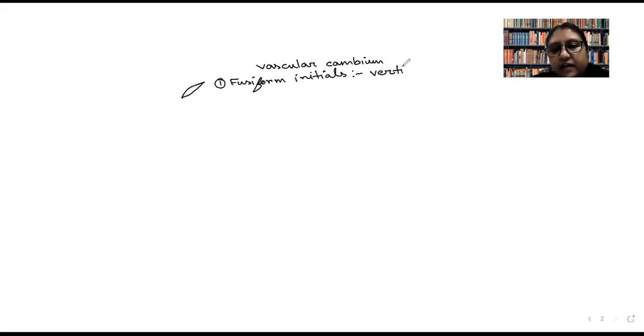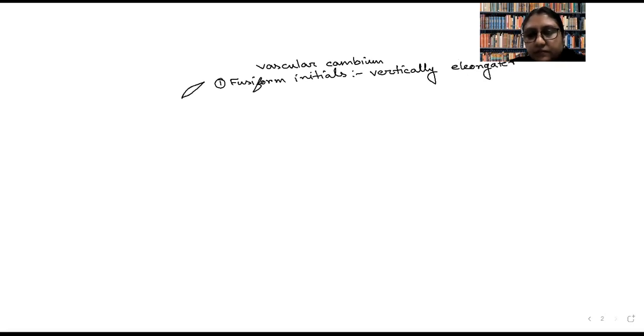They are arranged vertically and they are vertically elongated cells. What do they produce? They produce xylem and phloem.